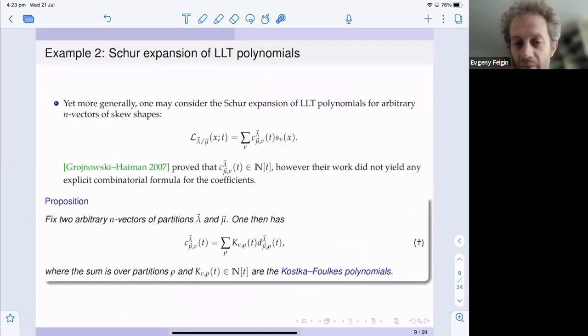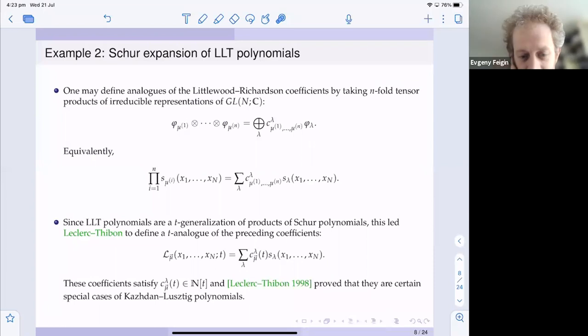Sorry, may I ask one more question about this formula? Yes. On the previous slide, you said that there is this expansion of the LLT polynomials, and these coefficients c(t) are non-negative. The right-hand side, as you said, s_lambda is the character of a GL_N module.